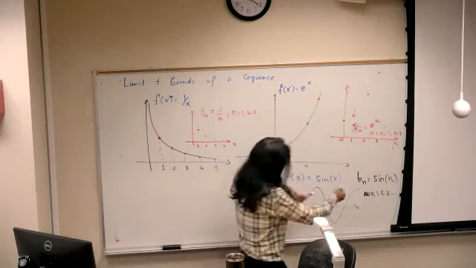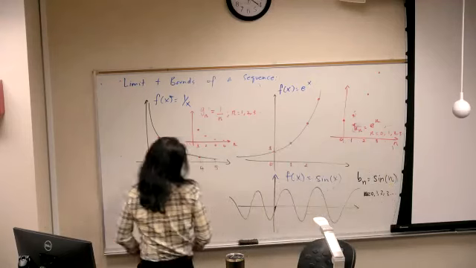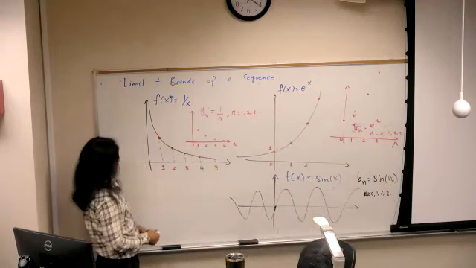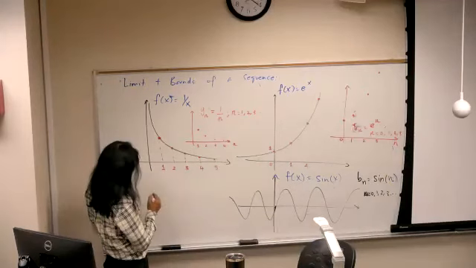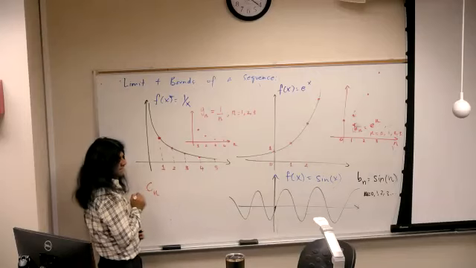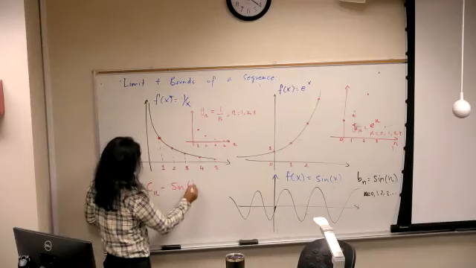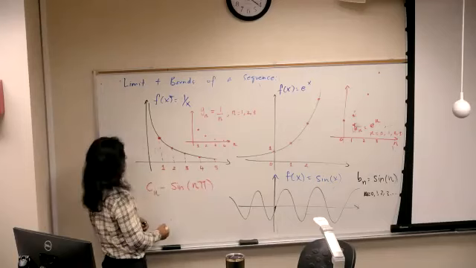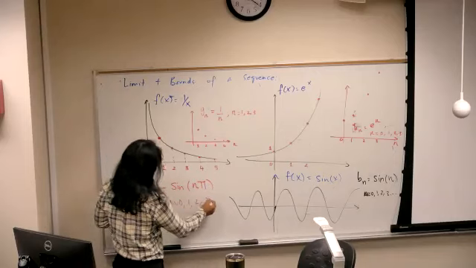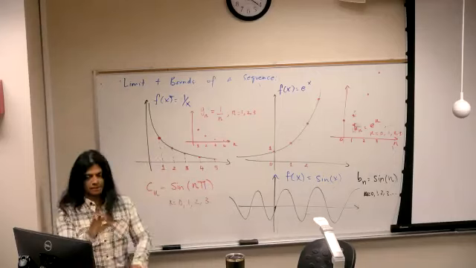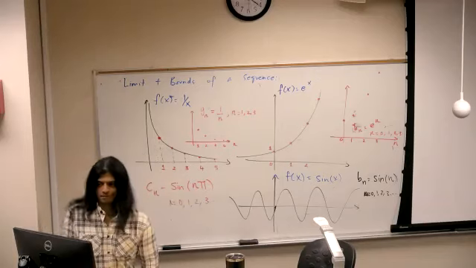So instead of simply calling it n, running out of letters, C sub n equals sine n pi, and I'm going to define n equals 0, 1, 2, 3, and so on, and you can tell me which points I am picking from that function.